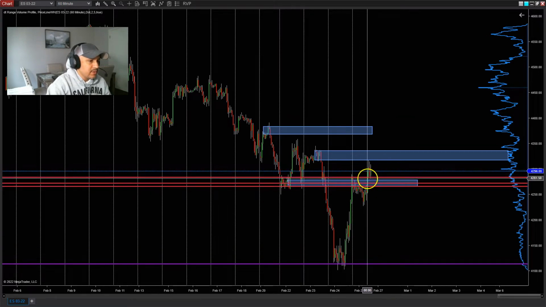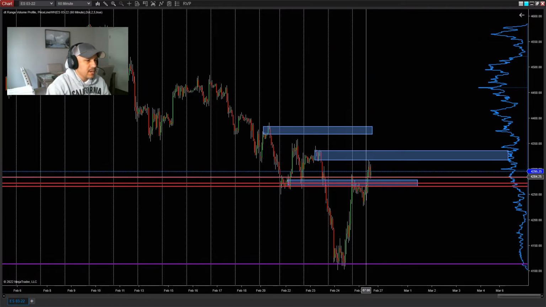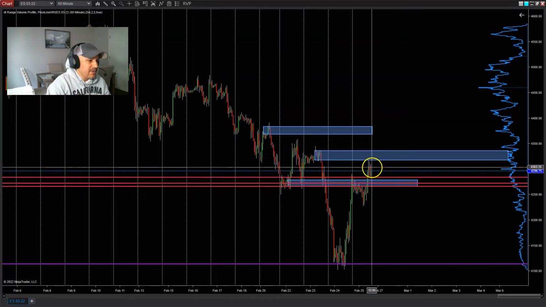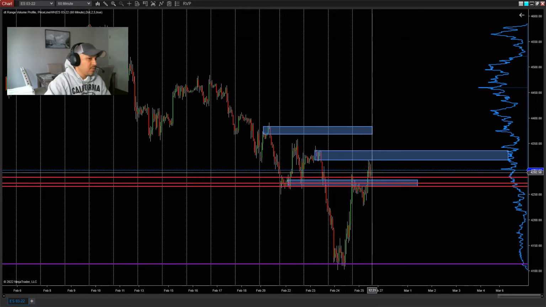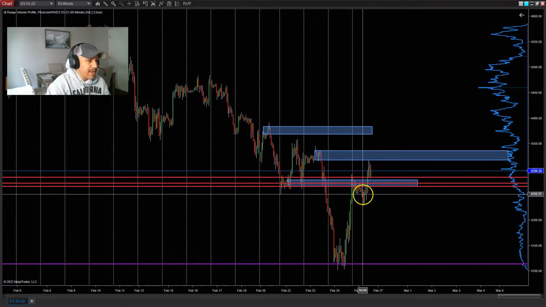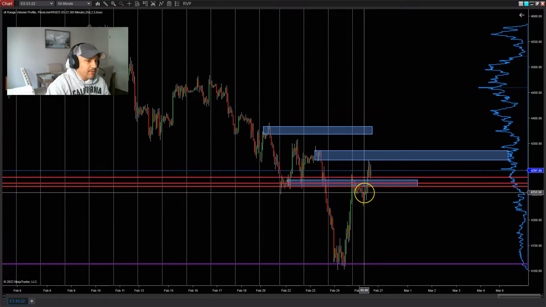This red line right here, that price bounced off of, is support right now. But I don't like taking trades right at support. If I'm going to look for a trade to go long, price is going to have to come back below this high volume area and push and pull back to this area right here around the 23, 24 area.